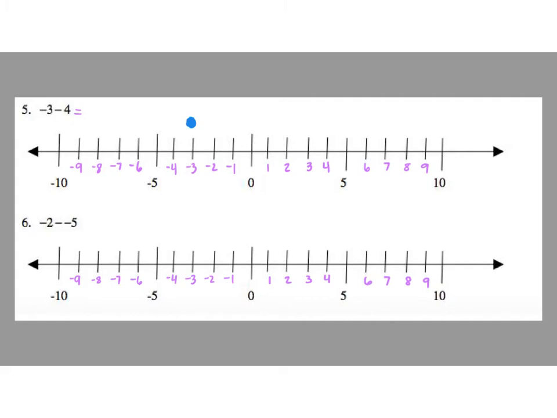And my second number, 4, tells me how many units to move. So I'm going to move to the left 4 units. And when I do, I land at negative 7. So negative 3 minus 4 equals negative 7.